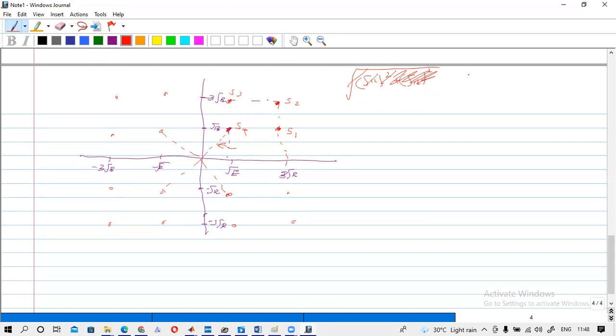So this distance and this distance and this distance and this distance are the same. So the average amplitude of these signals is the same.